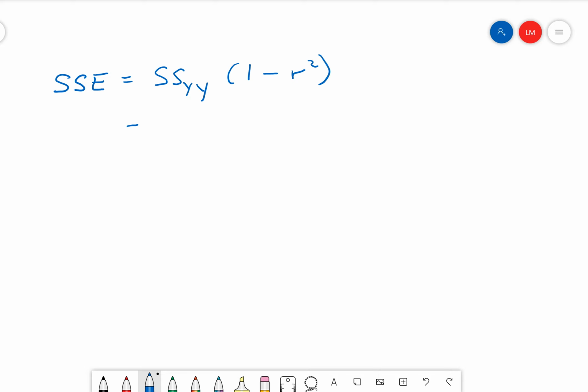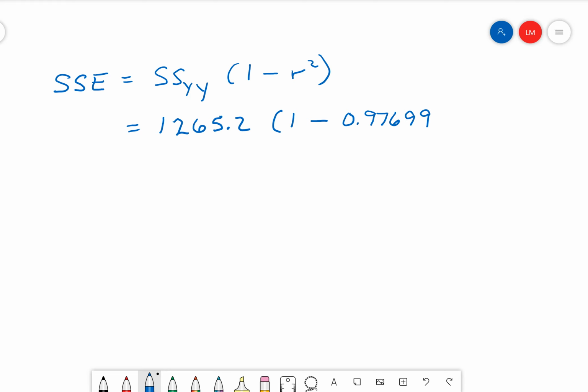If we plug in the values, again from the example we were working on previously, SSyy was 1265.2 multiplied by 1 minus the correlation coefficient from our model, 0.97699.